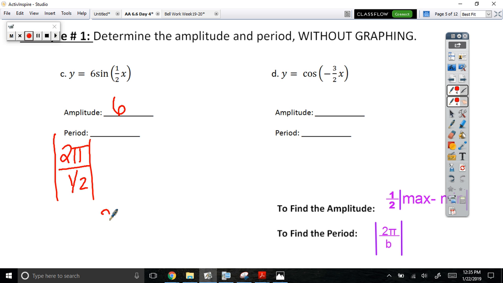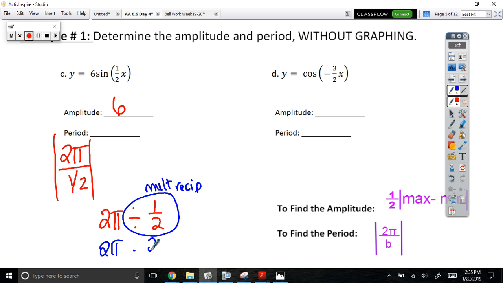Remember, division, so 2 pi divided by 1/2. To divide fractions, we change division to multiplication of the reciprocal. So this will be 2 pi times 2 over 1, which will get me 4 pi. So that means if you're looking at the graph, it's going to take longer for the curve to complete one cycle before it repeats, because normally it repeats at 2 pi.